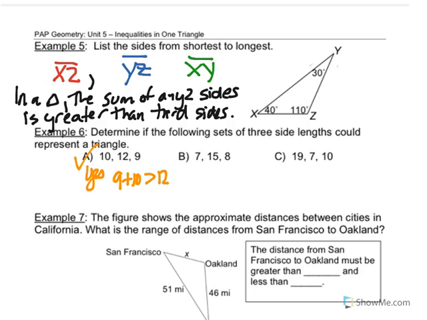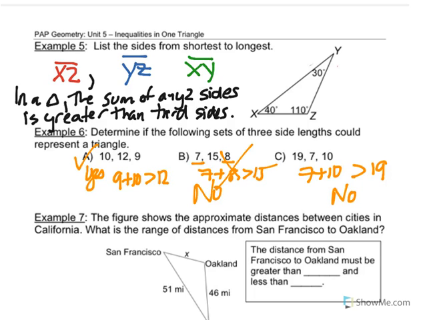So let's see here, 7 plus 8, is that greater than 15? No, so that one's not going to work. And 7 plus 10, is that greater than 19? No. So that's not going to work. So this one could be a triangle.